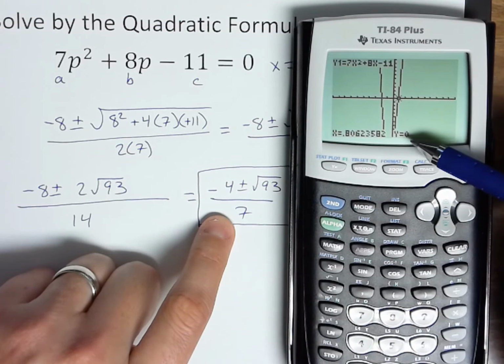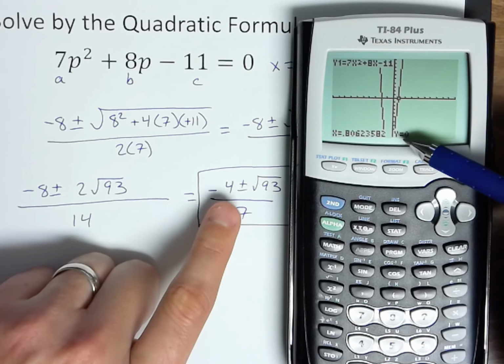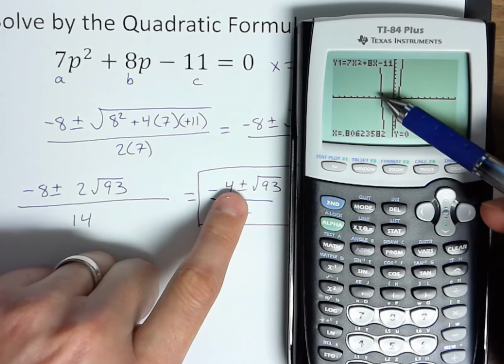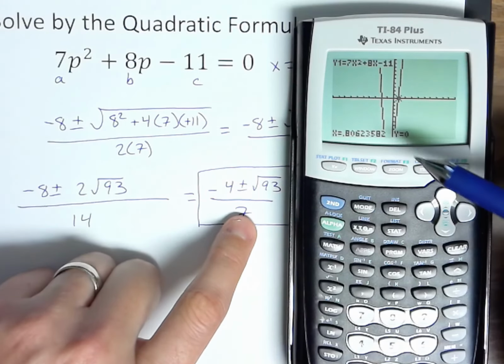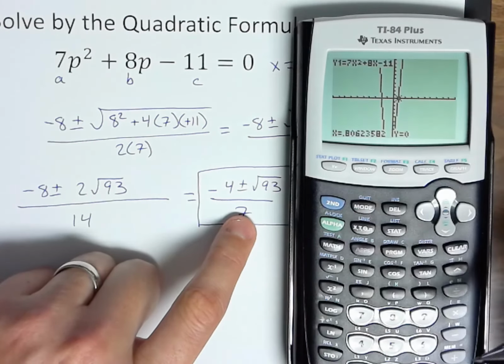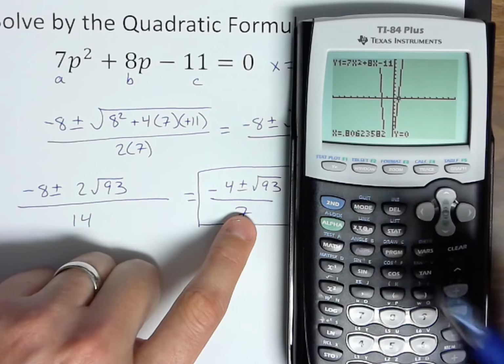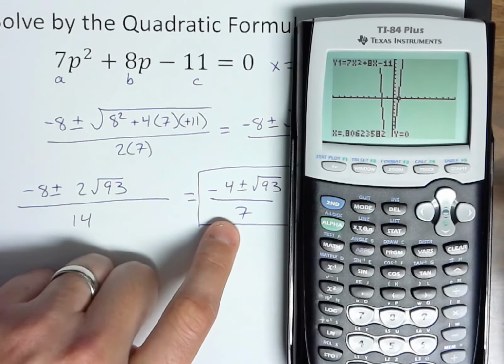And lo and behold, it gives me 0 for my y. Now you could test the other one, but if one of them works, the plus or minus, the other one's going to work as well. So that's just a good way when you're solving an equation. Go verify that what you got actually worked, especially if it's kind of an ugly looking answer like that.